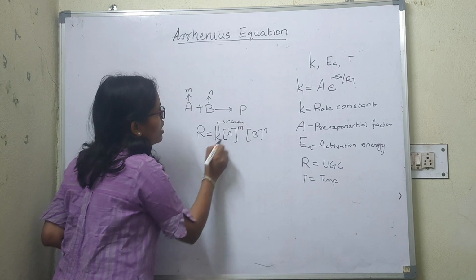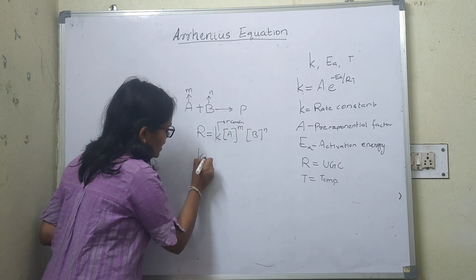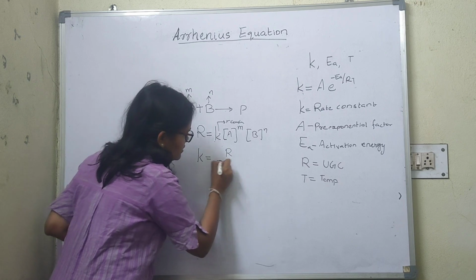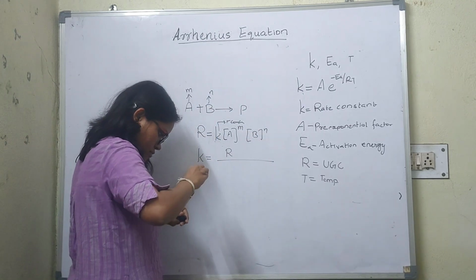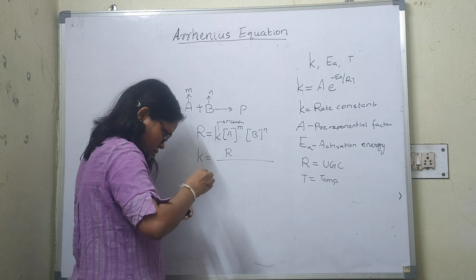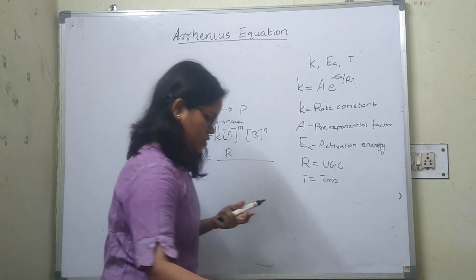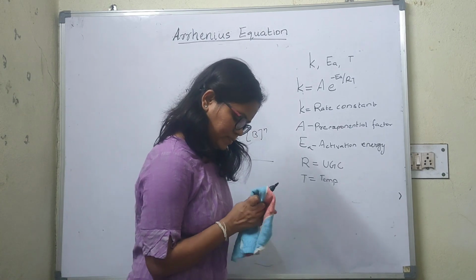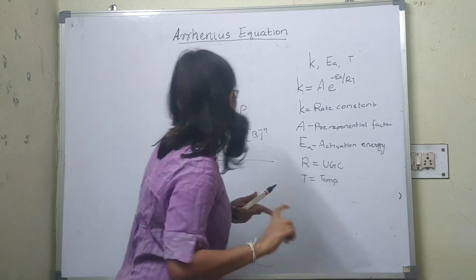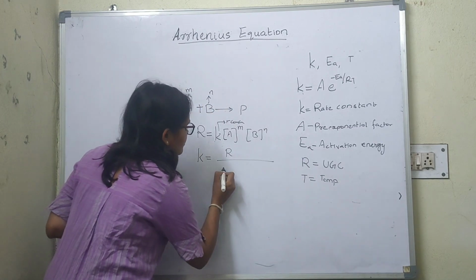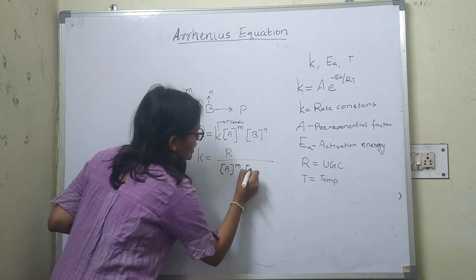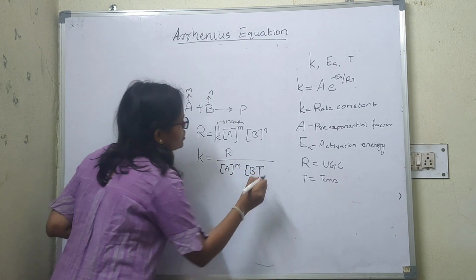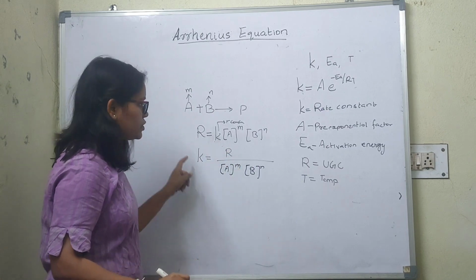So how can we write this? I can write k as rate divided by [A]^m [B]^n. So when will this rate become equal to the rate constant?